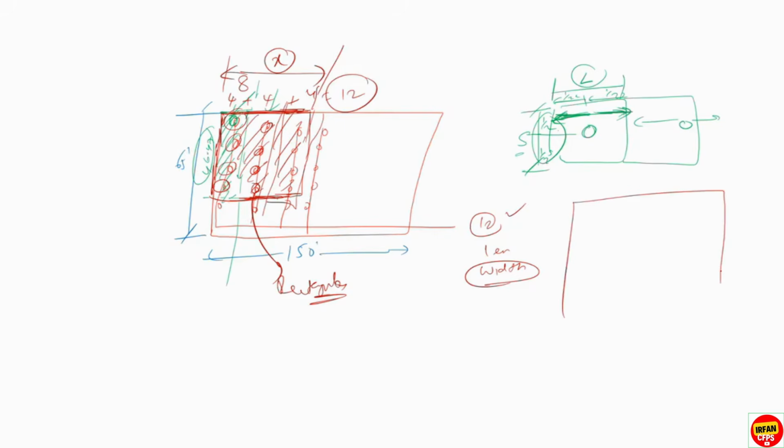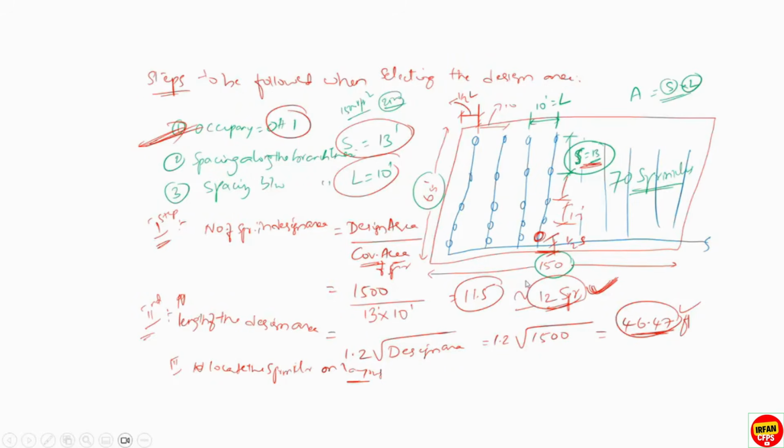You may ask, because this is the design area, can I select this sprinkler and this sprinkler? No, you cannot select, because the design area will be based on the length, right? Length is maximum 46. So you just need to select these 4. When you need to select the 5th sprinkler, I will explain later on.